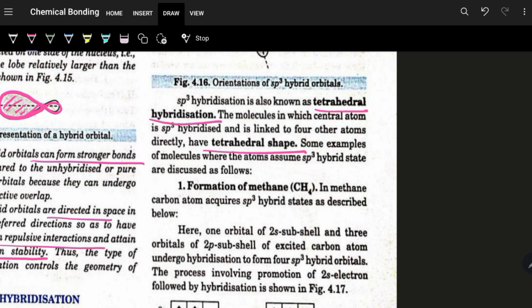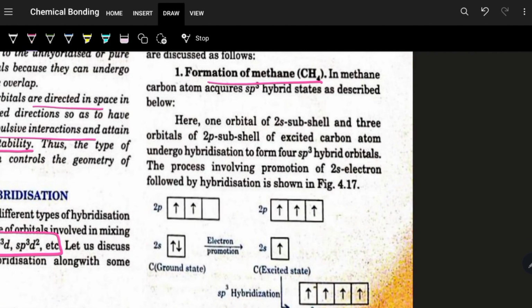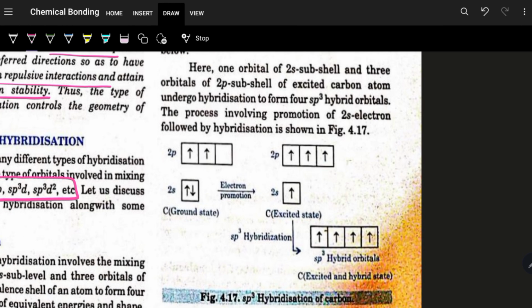Now here we can see it is a tetrahedral hybridization or tetrahedral geometry. Shape is tetrahedral. Here we can see it is occurring in methane, where the central atom is carbon. Carbon is the central atom. Ground state electronic configuration: here 2s is having 2 electrons, 2p is having 2 electrons. On promotion of the electron from 2s, it goes to the 2p, and here I am having 2s1 and 2p3.